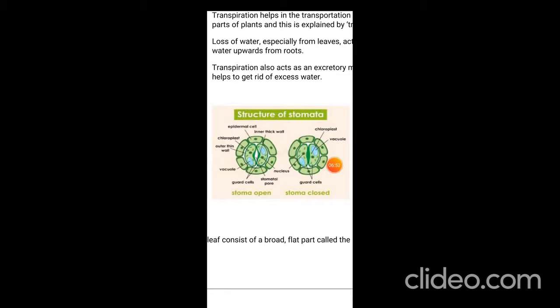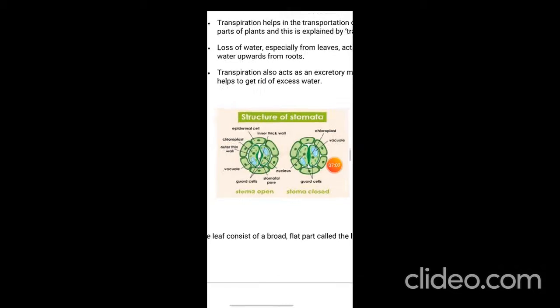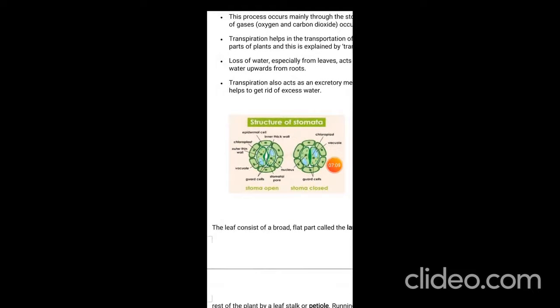So when the stomata is open, the water will move out. That particular process is known as transpiration. Transpiration means the water will move out to the atmosphere in the vapor stage, and this loss of water is also helpful for the plant to get rid of excess water.